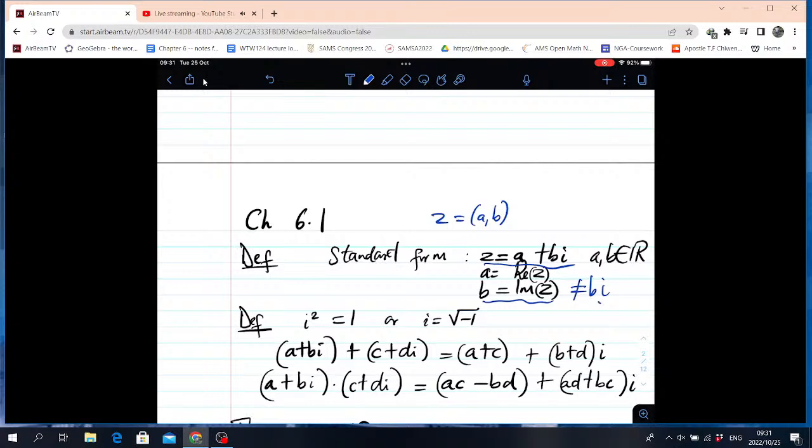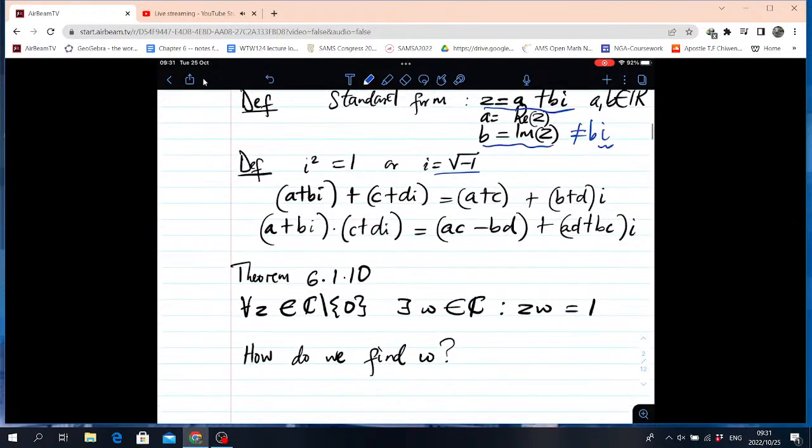You don't include the I when you write the imaginary part. And then we also know that I squared is equal to minus 1, or I is the square root of minus 1.